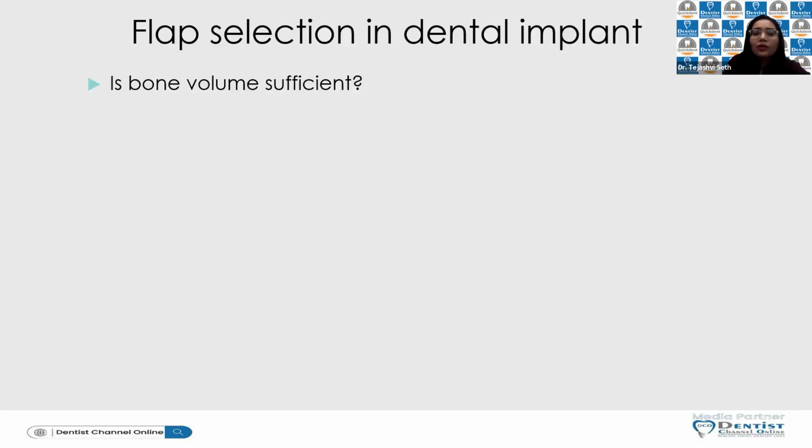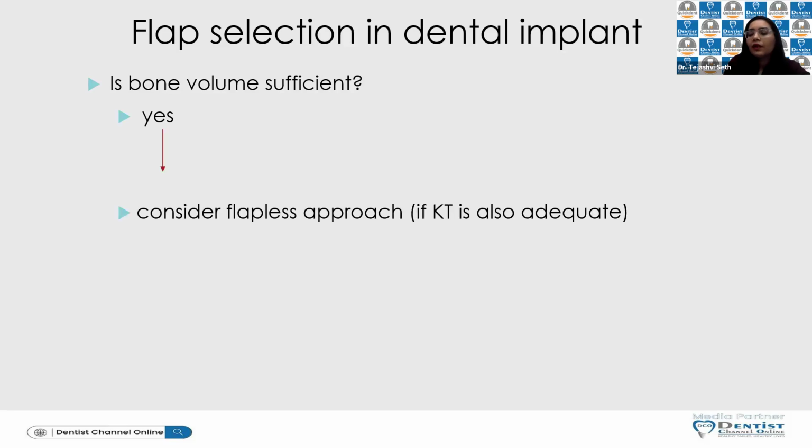Now coming to how will you select your flap? All you have to think is, is my bone volume where I have to place the implant sufficient? If it is, then go for a flapless approach. And the keratinized tissue also has to be adequate.